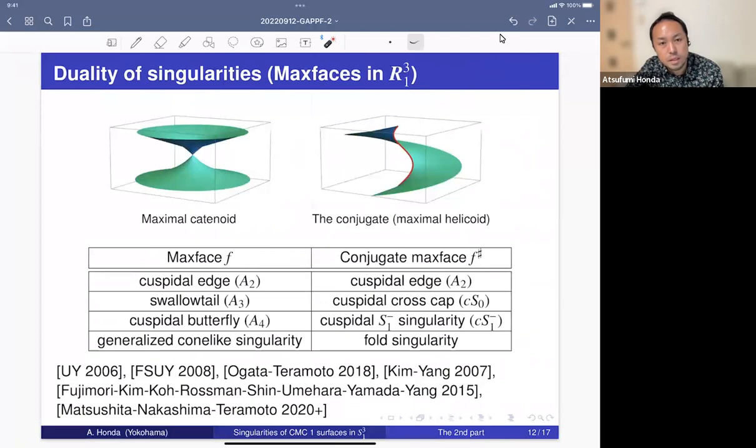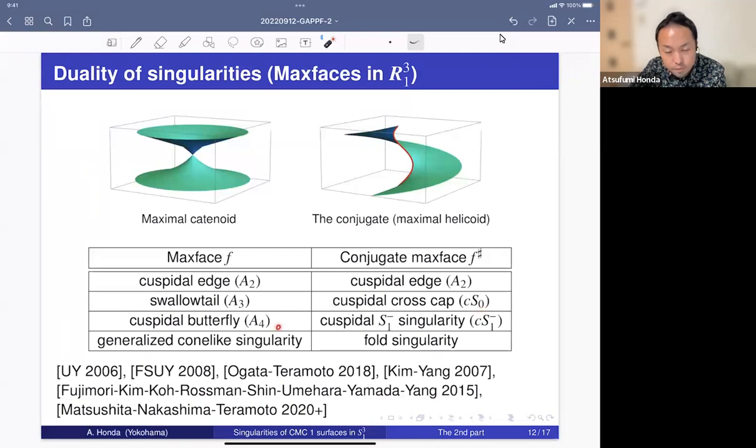So there is a relationship between singular points of the original maxface and the conjugate maxface. If a maxface F admits a cuspidal H at a point, then the conjugate maxface must admit cuspidal H at the same point. Similarly, if F admits a swallowtail, then the conjugate F sharp must have a cuspidal cross cap.